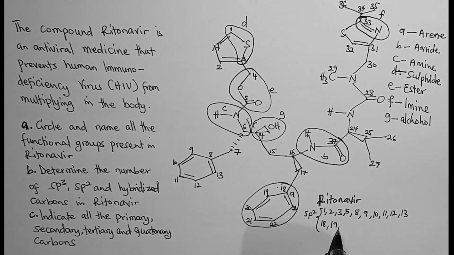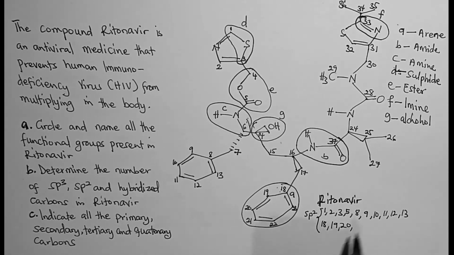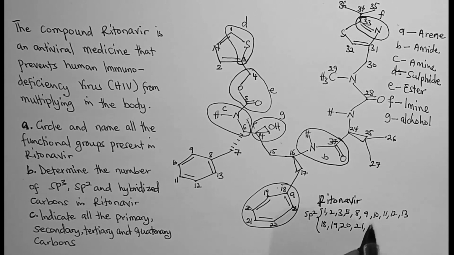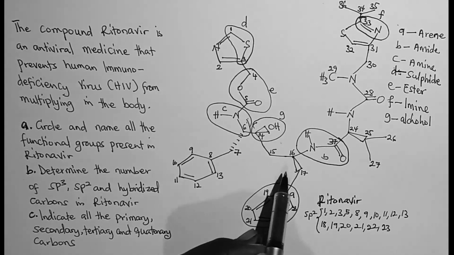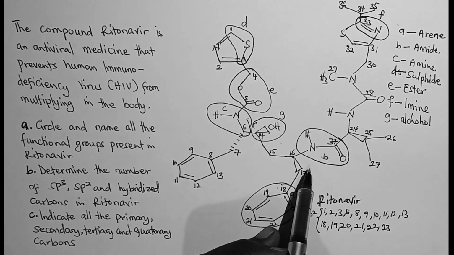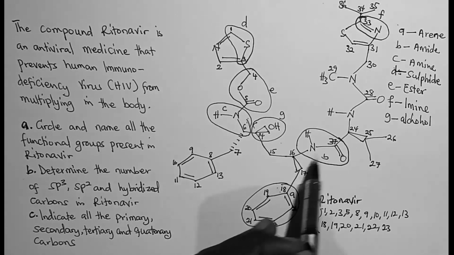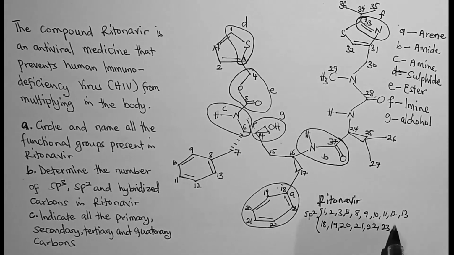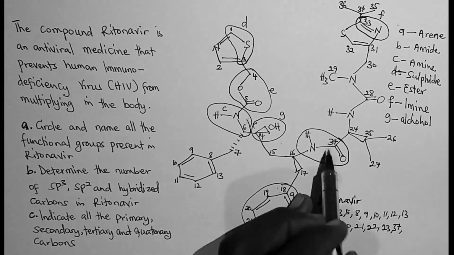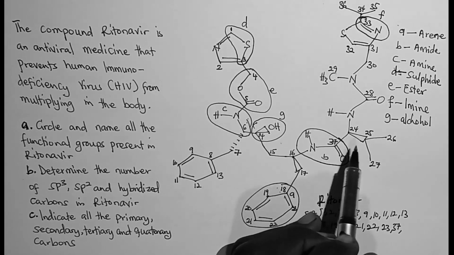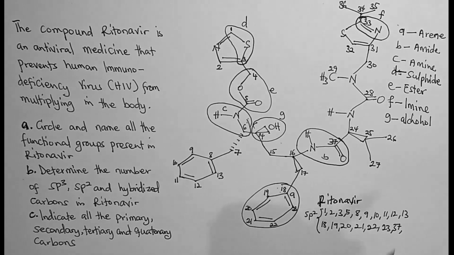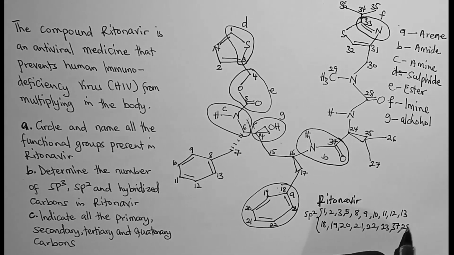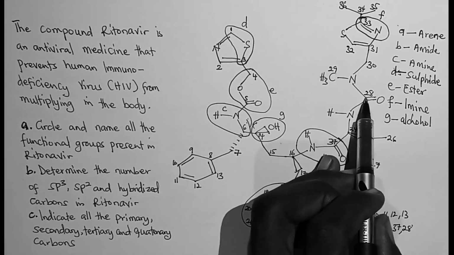Carbon 19, carbon 20, 21, 22, 23, and then this carbon 37 is also sp2 hybridized. And apart from 37, carbon 28 is also sp2. This carbon is sp2.